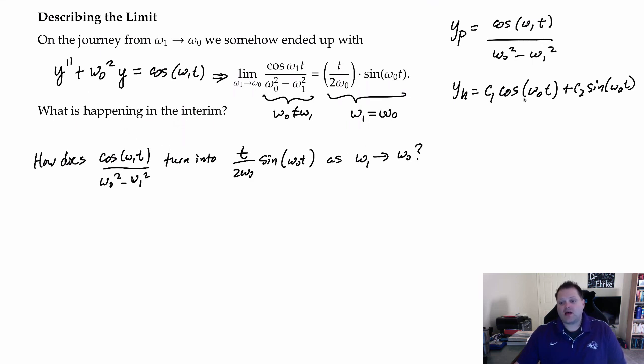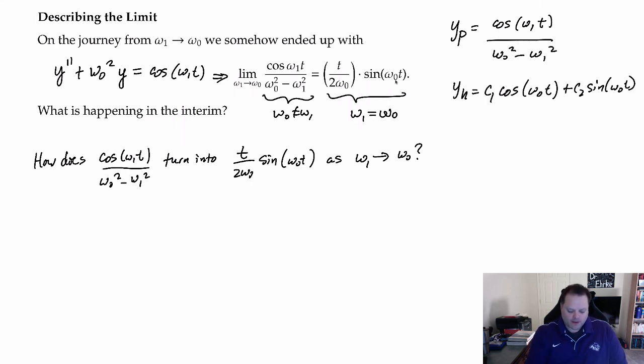But here's the thing. I'm allowed to add any part of this homogeneous solution to the solution I have here. For any values of C1 and C2, I can add it to this, and it's still a particular solution. So it turns out that this solution that we derived isn't exactly what's giving us this in the limit.